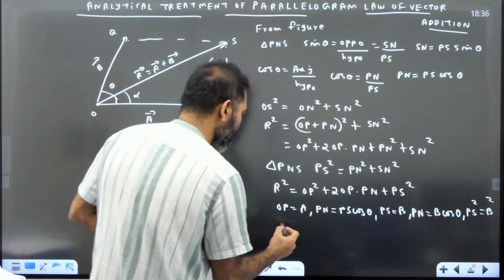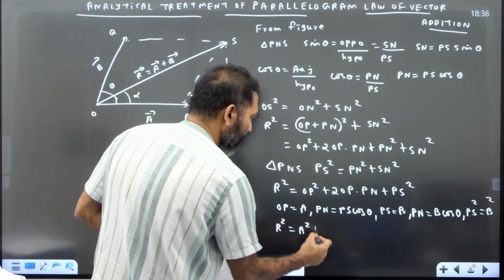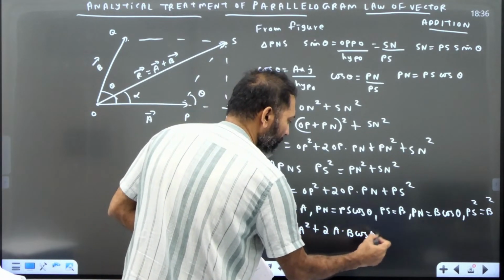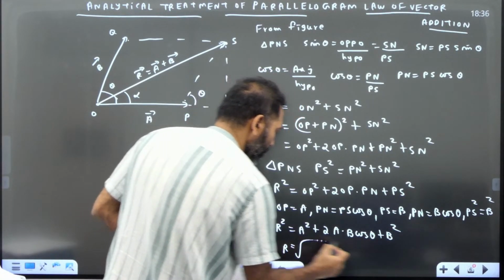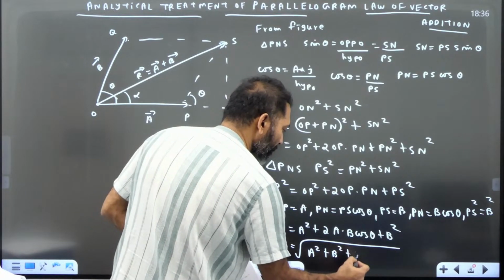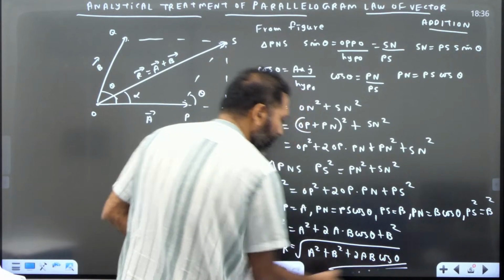So the equation becomes R square equal to A square plus 2AB cos theta plus B square. So R equal to root of A square plus B square plus 2AB cos theta. This is the equation for resultant.